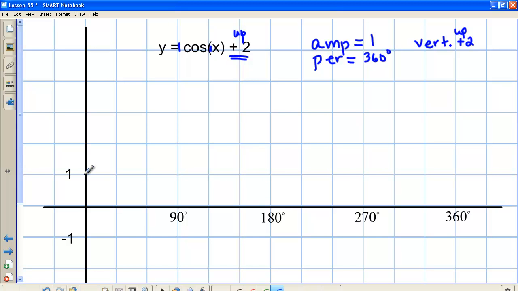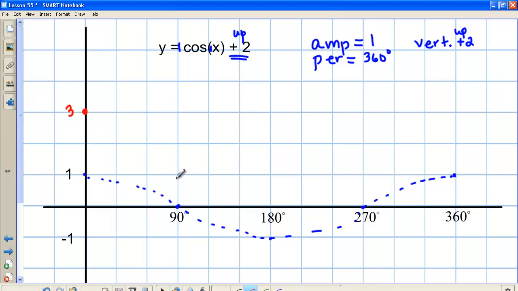Cosine graph normally begins at 1, crosses, min, crosses, and max. So I can almost sketch that in just to see what the graph would look like with no transformations. So if everything's going up 2, it's going to start up here at 3.